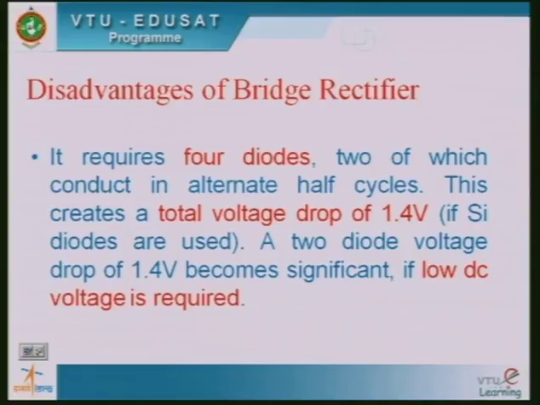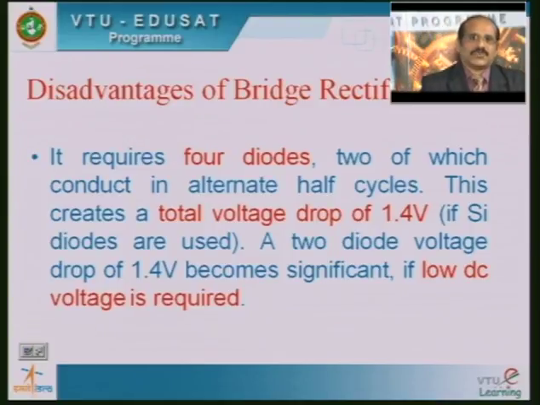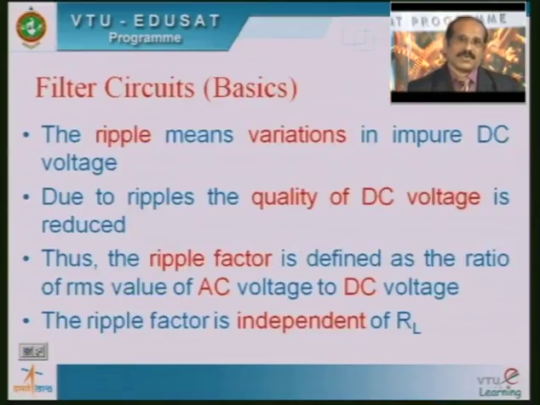So at any instant, 2 diodes conduct simultaneously, and there will be a voltage drop across the diodes amounting to 1.4 volts if silicon diodes are used. This voltage drop of 1.4 volts becomes very significant if a low DC voltage is required. So in that case we go for a precision rectifier whenever we want to convert a low AC voltage; we do not prefer the bridge rectifier in that case.